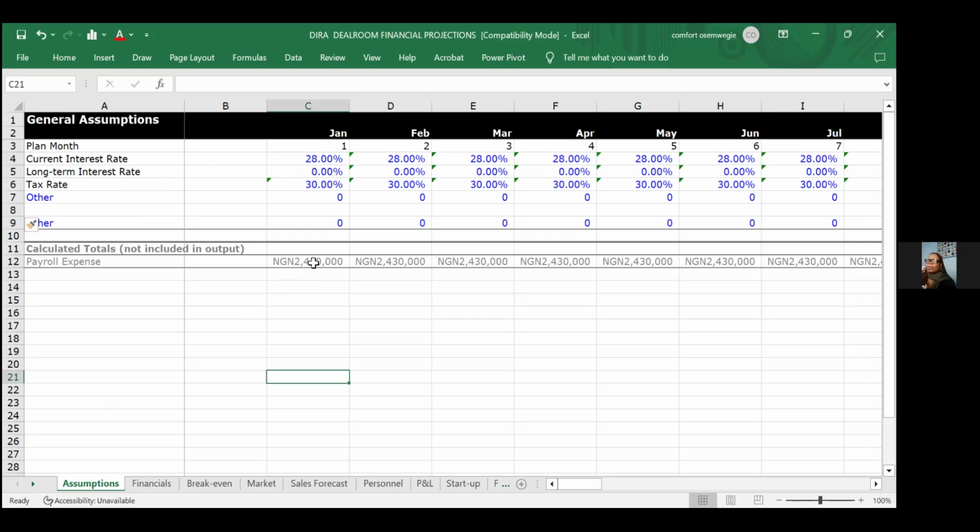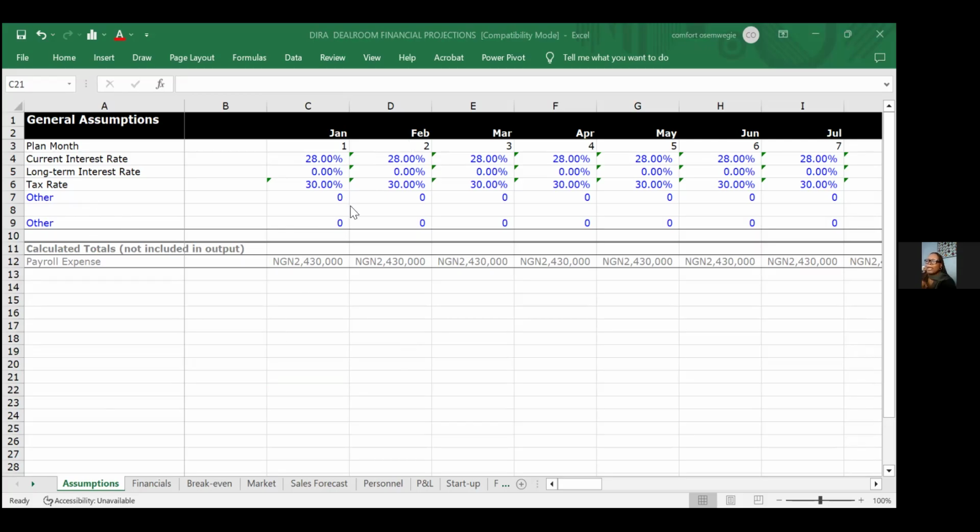I also mentioned that we have captured payroll expenses here because every organization would assume that they will recruit people to help in managing the business or in running the business, both ways, manage and run. And then I said that you can include other assumptions. That's why number 7, number 8 is free and is also blue.